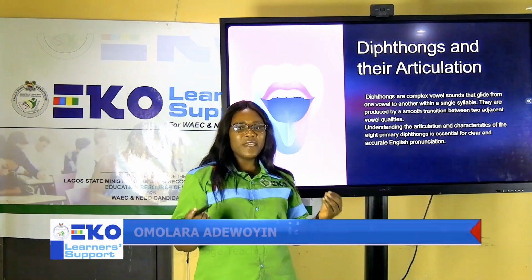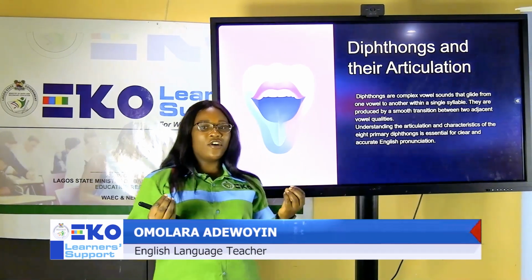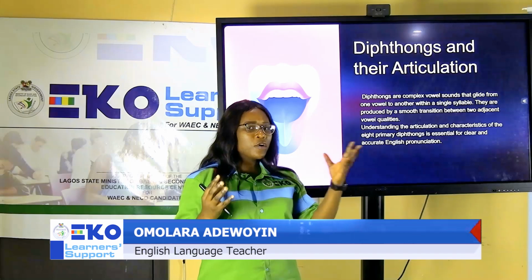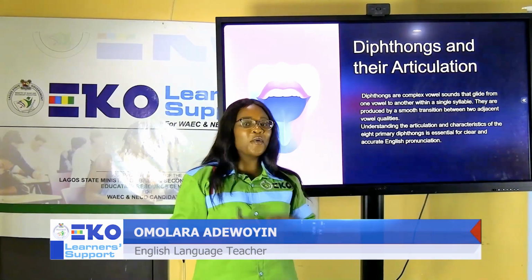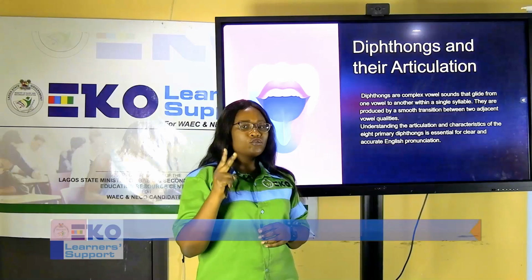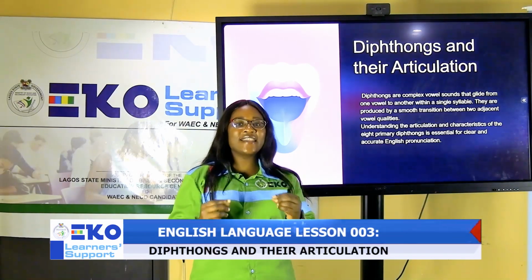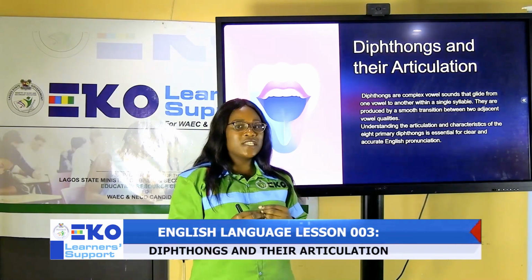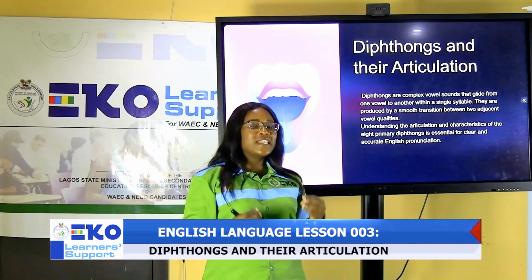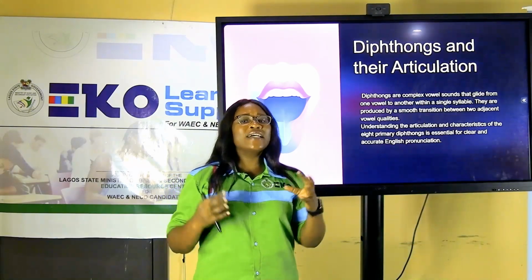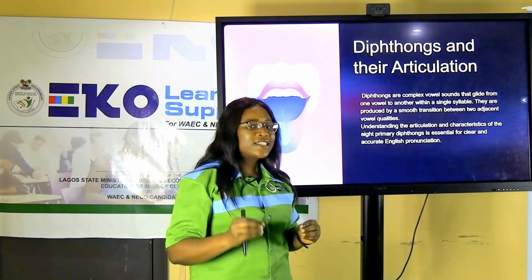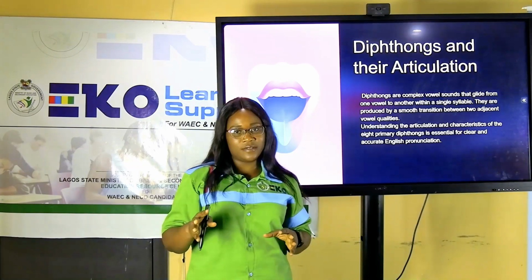Just like the name implies, diphthongs. Remember monophthong, one; di, two: diphthongs, two sounds coming together to form just one sound. Typically, we say that diphthongs are produced when the tongue glides from one place of articulation to the other.